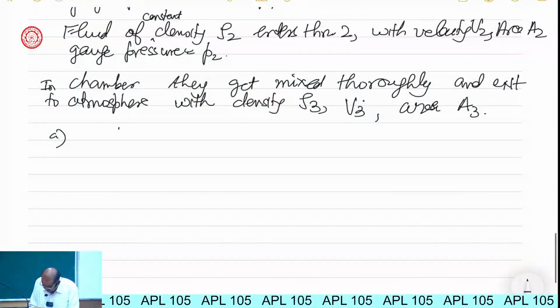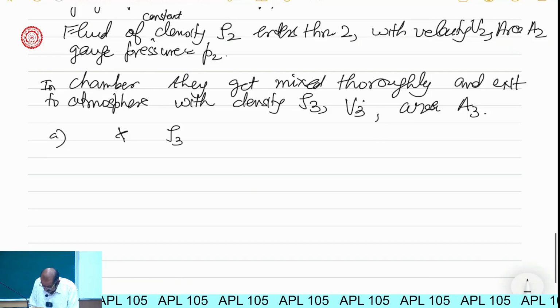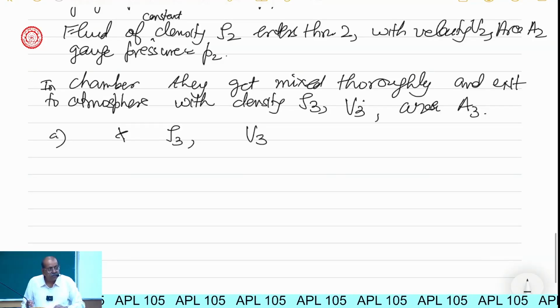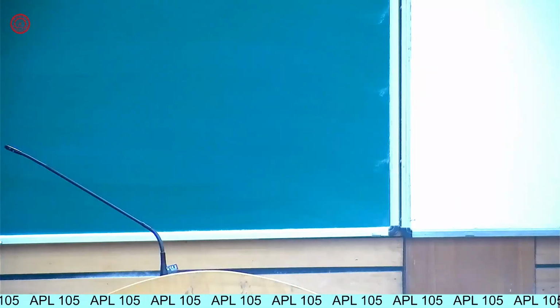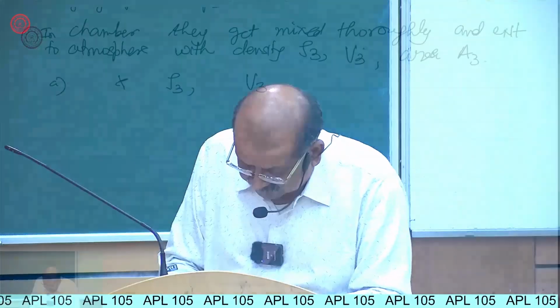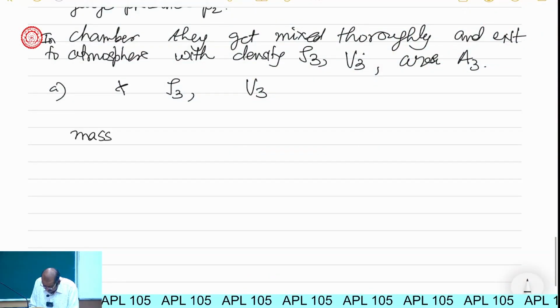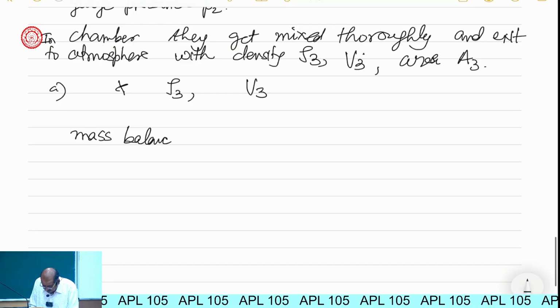Okay. Now, the first part of the problem was to find rho 3 and V3. Both of them had to be found separately. Okay. So now here, obviously, most of you did it correctly, at least half of it was done correct.